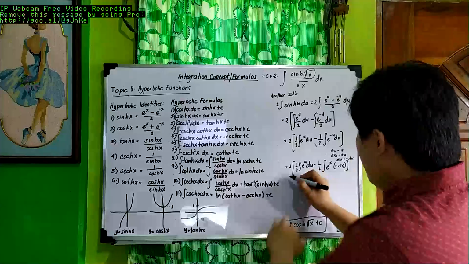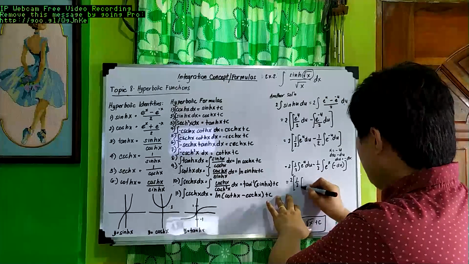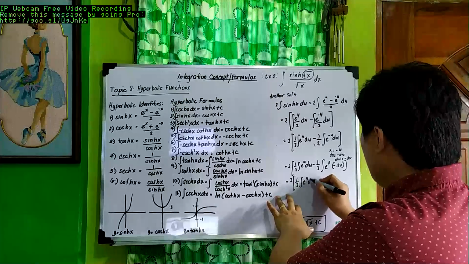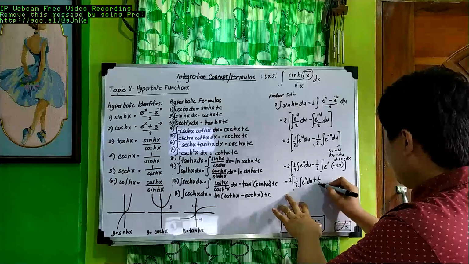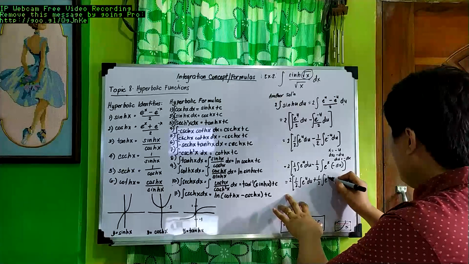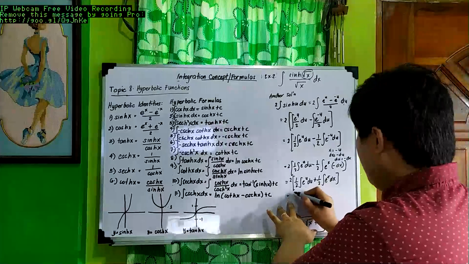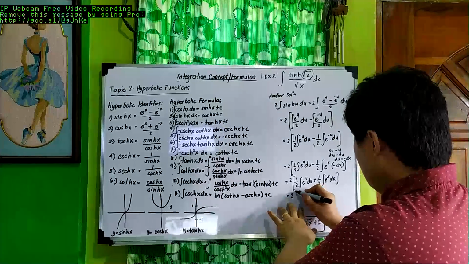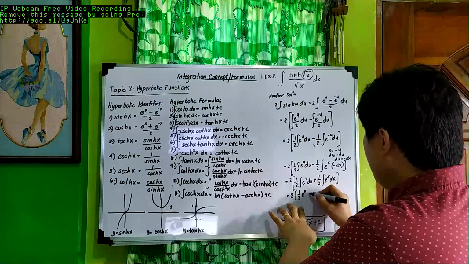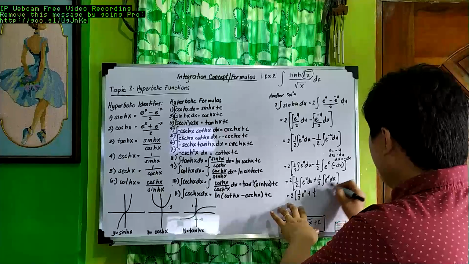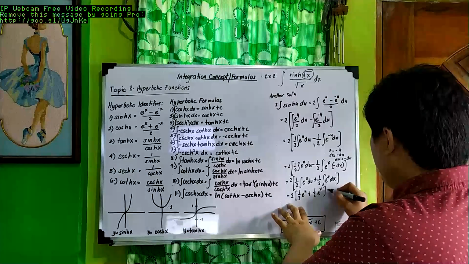So we have 2 times 1/2 integral e^u du plus negative times negative, positive, integral e^x dx. Now we have 2 times 1/2 integral of e^u is e^u plus 1/2 integral of e^x is e^x, then plus c.